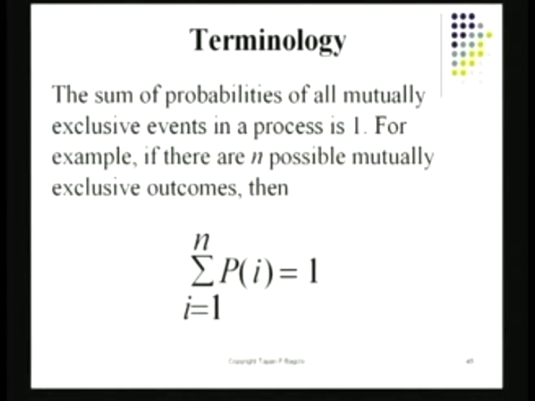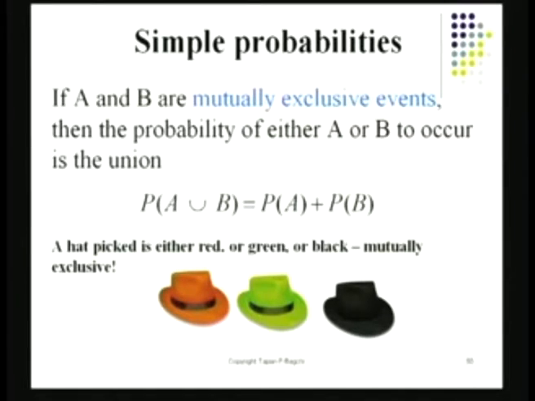You already know about this condition here, which is that the sum of all the probabilities should be equal to 1. If you talk about mutually exclusive events, it is like this: you go and pick a couple of hats, and there are a certain number of red hats, a certain number of green hats, and a certain number of black hats.